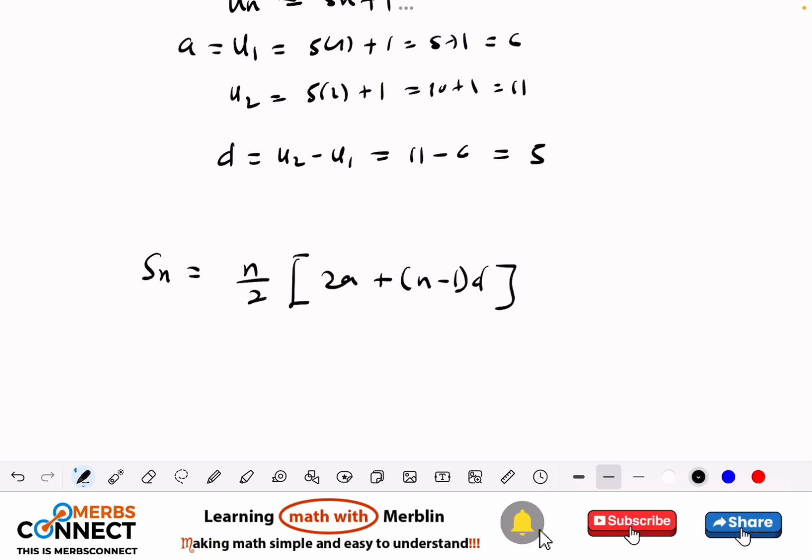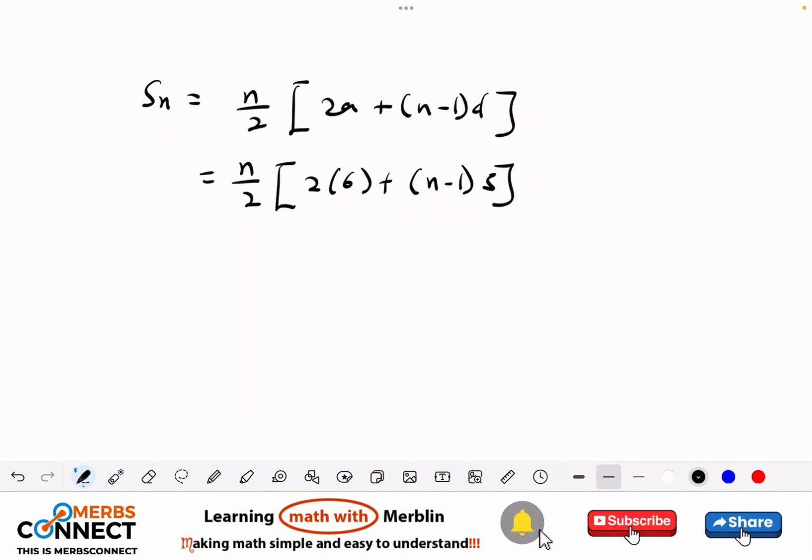So now we know A, we know D. So what will be the sum? N divided by 2, what is A? A is 6. So 2 times 6 is going to give us 12, plus N minus 1 times D, and D is 5. Now let's simplify and see what we are going to get here.